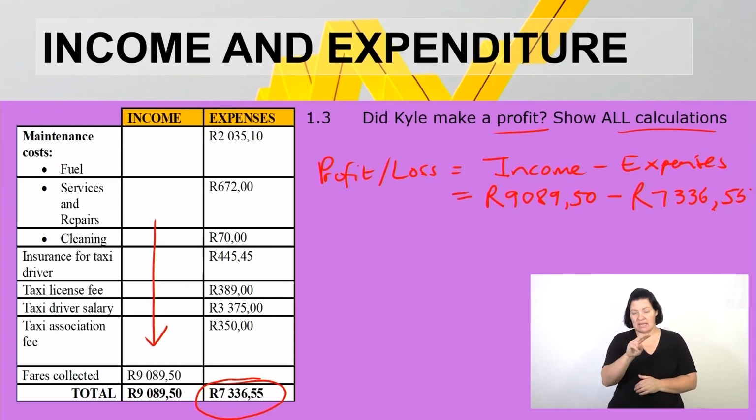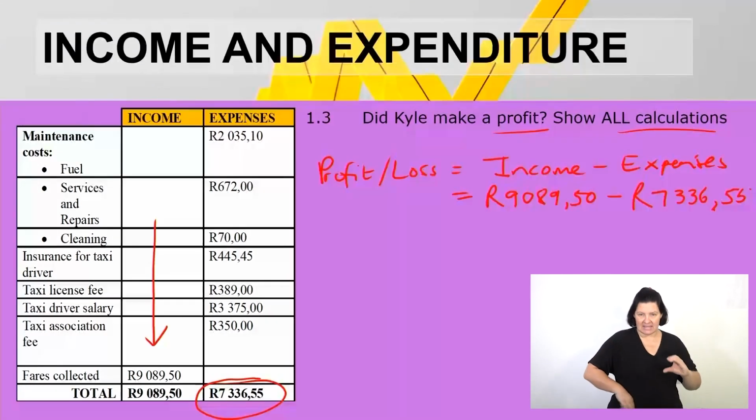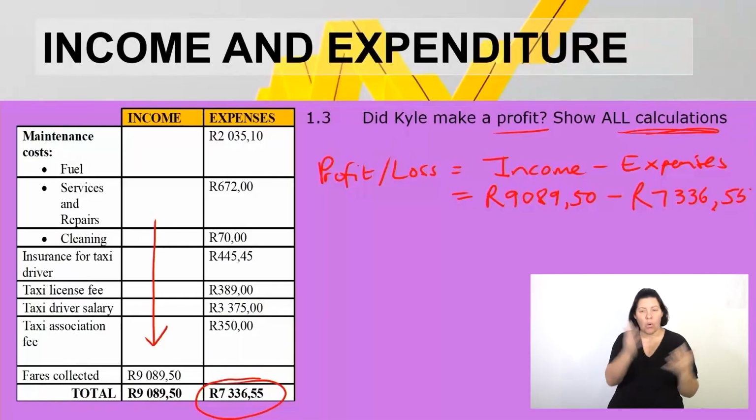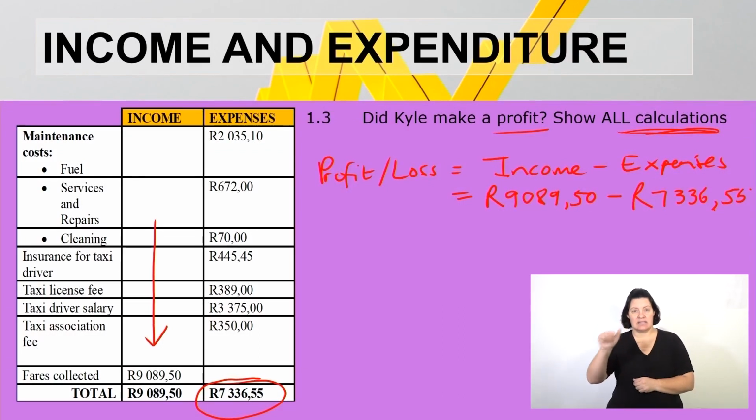Now let's see what that will amount to. Already I can see that my income is more than my expenses, but remember, your job is to follow the instruction. And it clearly stated you have to show all your calculations. Therefore, I'm going to say 9,089 Rand and 50 cents minus the 7,336 Rand and 55 cents.